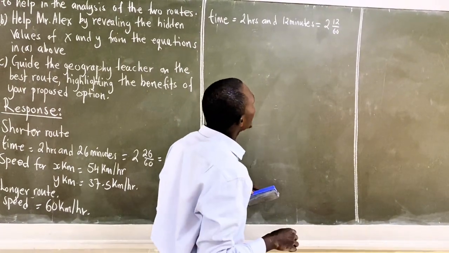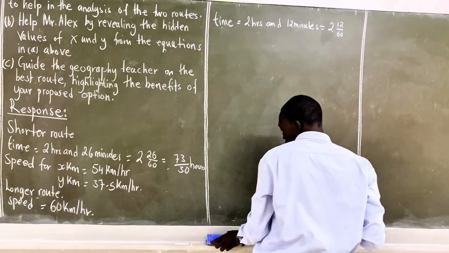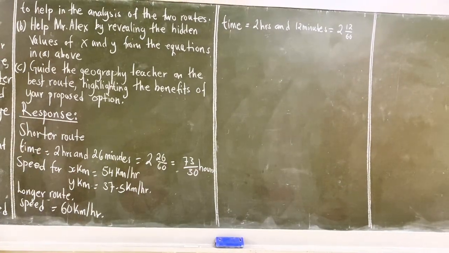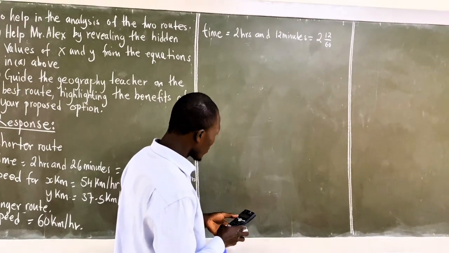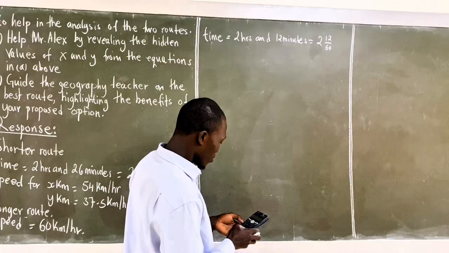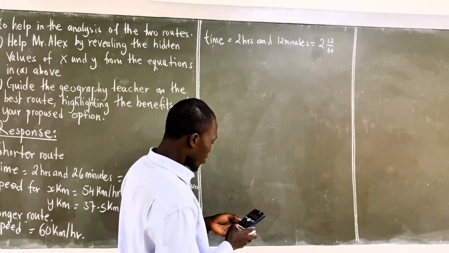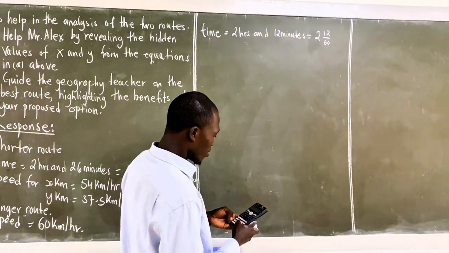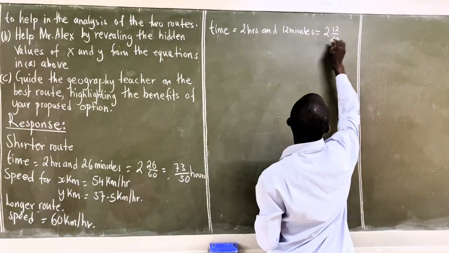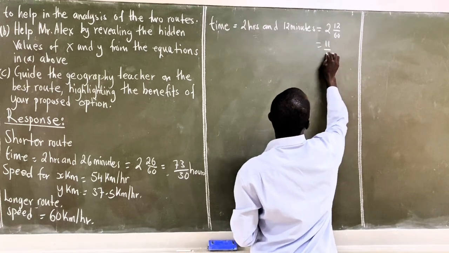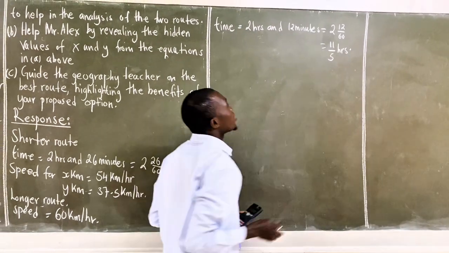When you reduce this, it will give us 11 over 5 hours if you simplify that.